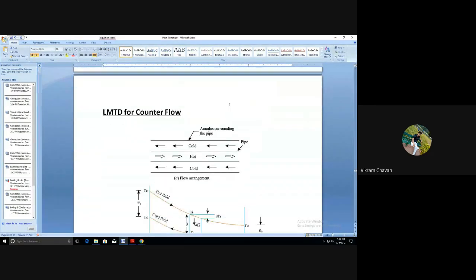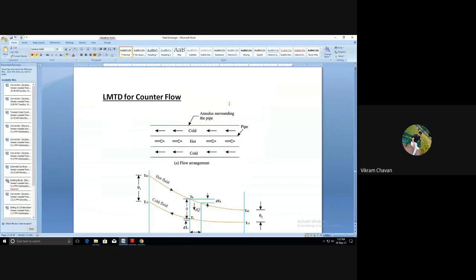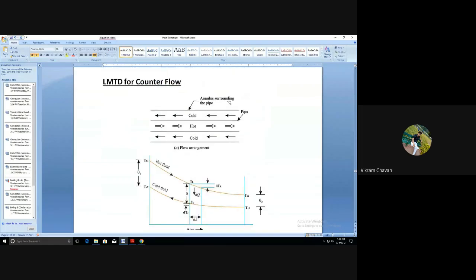Now, in this lecture, we are going to discuss the LMTD for the counterflow heat exchanger. Already we have discussed what is meant by counterflow: the fluids are moving in opposite directions. We consider the concentric tube heat exchanger, that is, one small tube present inside a large tube.